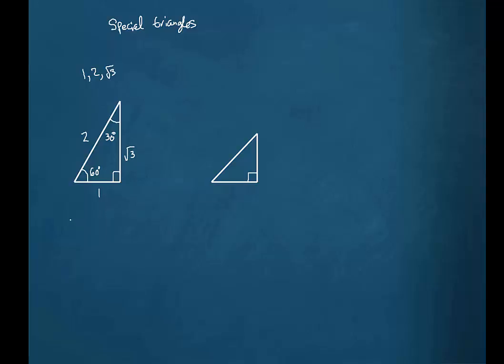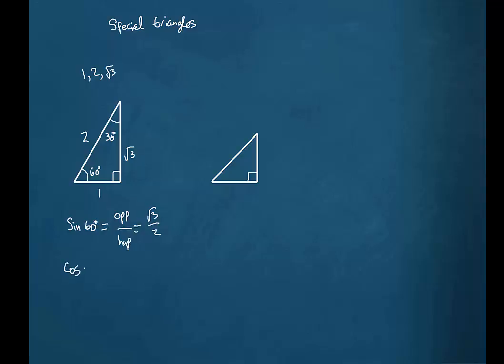So then it becomes very simple to find the sine of, say, 60 degrees. If we're talking about this angle, 60 degrees, then relative to this angle, the opposite over hypotenuse would be the square root of 3 over 2.